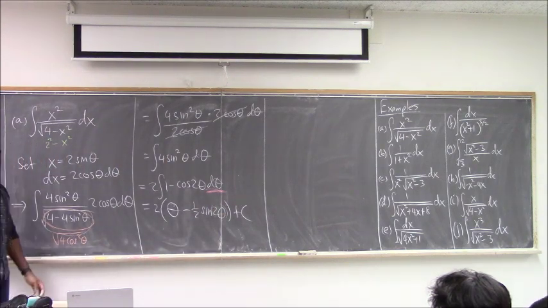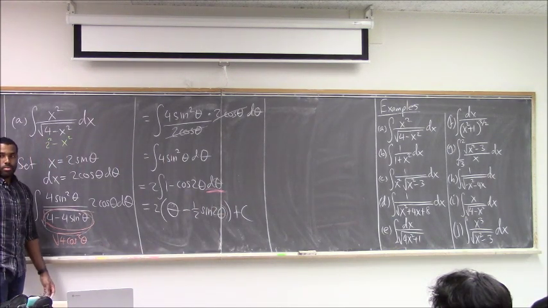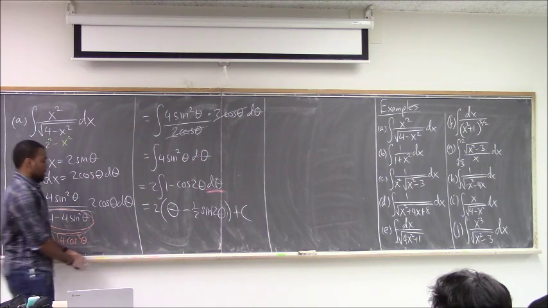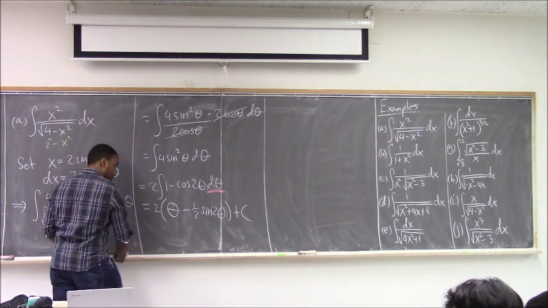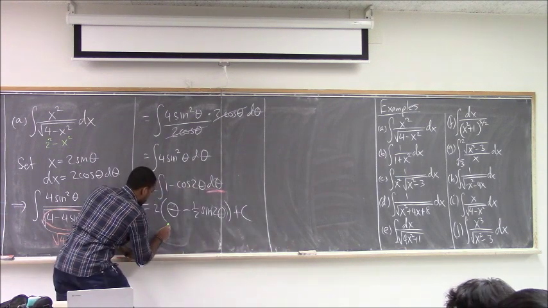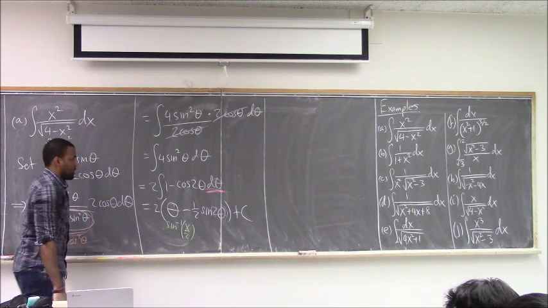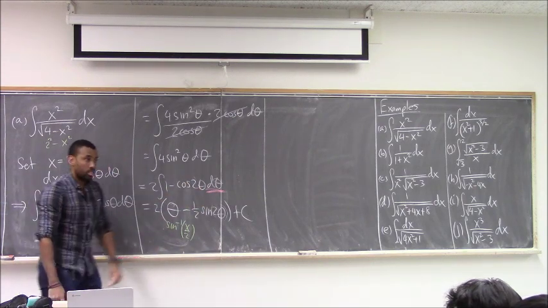How do I change that guy? Ideas? So yes, the theta is going to be the sine inverse of x over 2. We know that part. This part, how do I change that to x's?